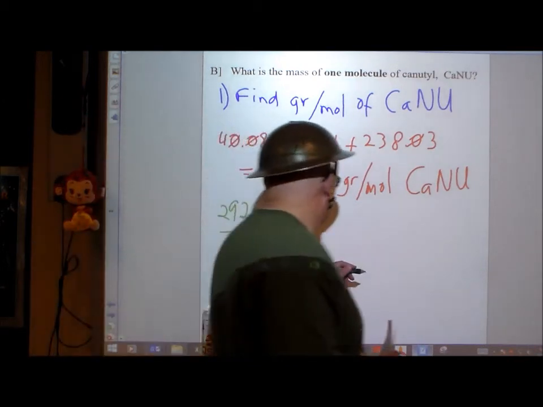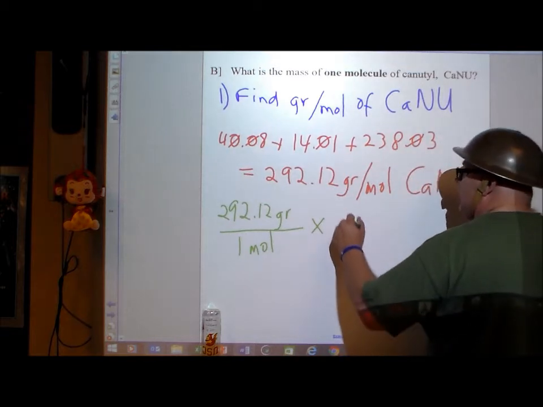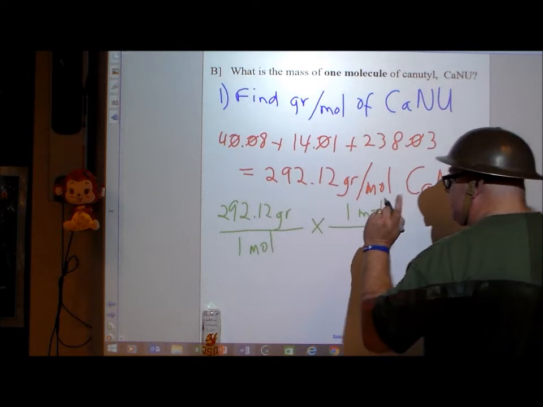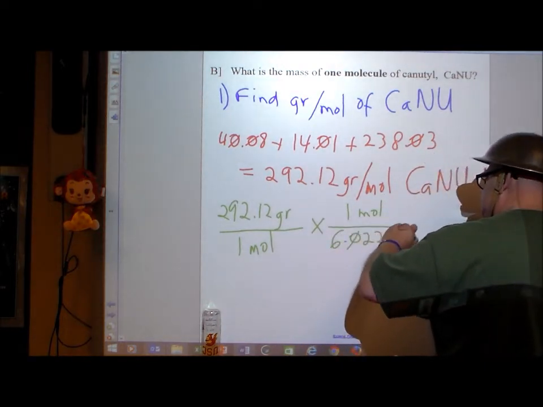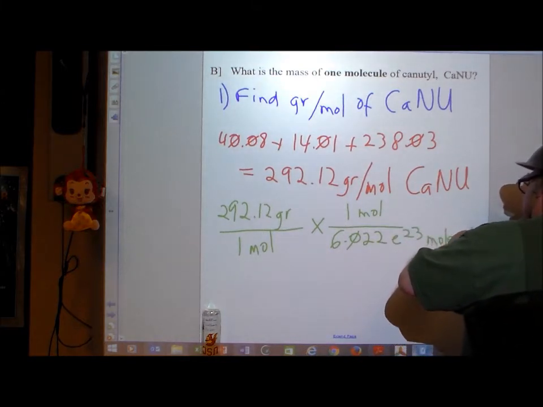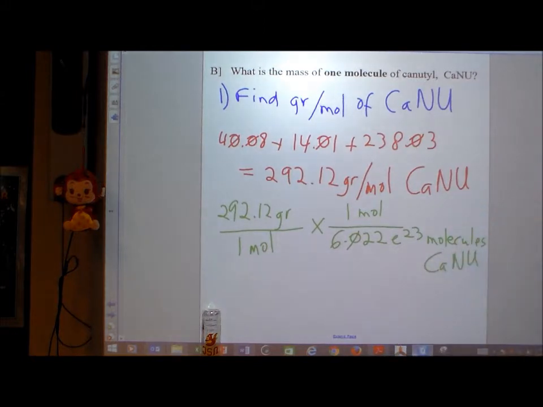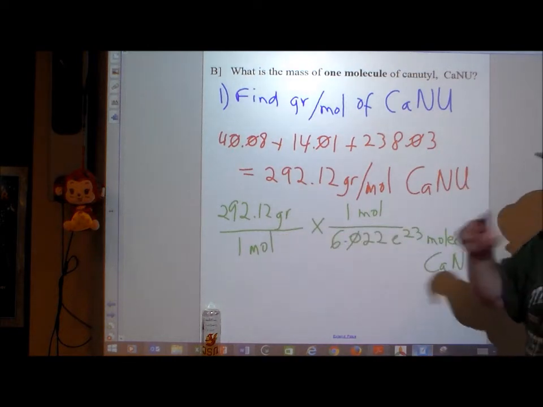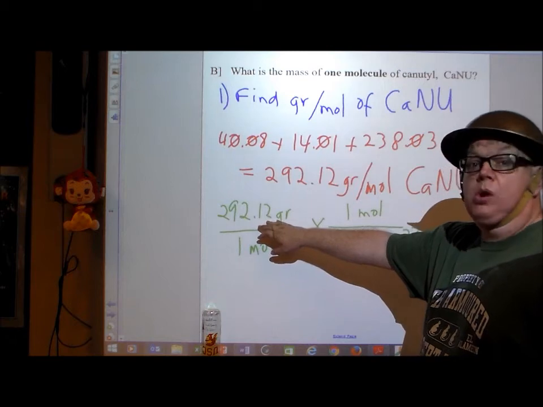Well, here's the thing. We're going to multiply it by 1 mole over 6.022 e to the 23rd molecules of CaNuTil. This is what we have here. So with that, ladies and gentlemen, we have our mass of 1 mole of this stuff.